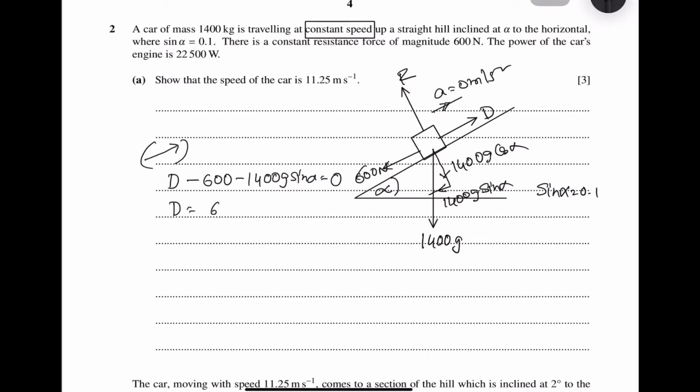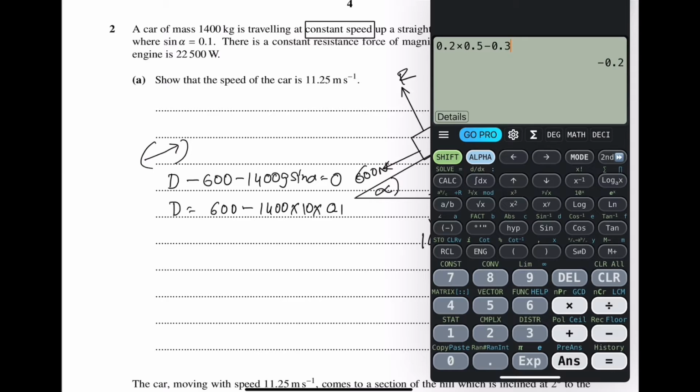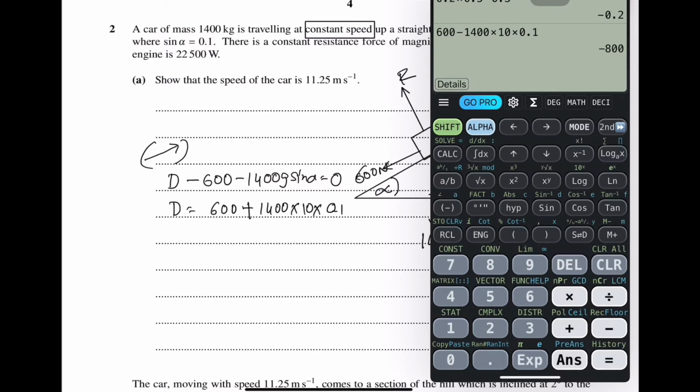So D equals 600 minus 1400 into 10 into sin alpha, 0.1. Sorry, I made a mistake, it should be plus. So driving force will be 2000 Newton.